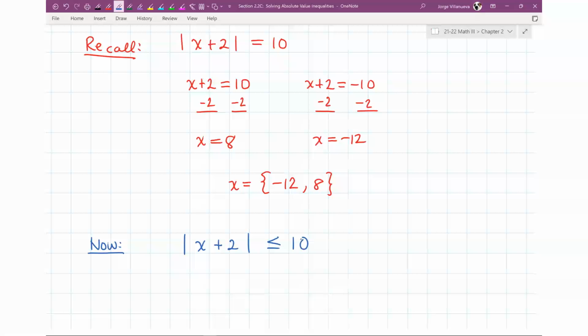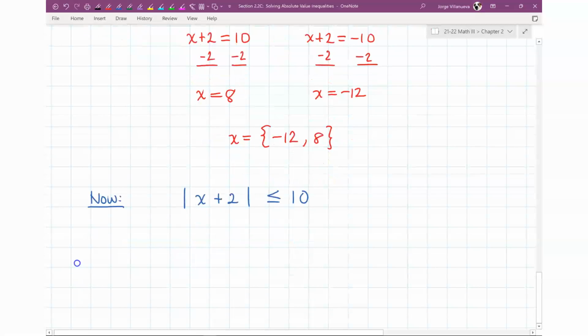So we're going to break this problem apart. I'm supposed to write x plus 2 and a positive 10, and we're going to keep the inequality less than or equal to. And then the other one that I write, x plus 2, I'm supposed to put a negative 10, but notice I am going to switch the inequality as well.